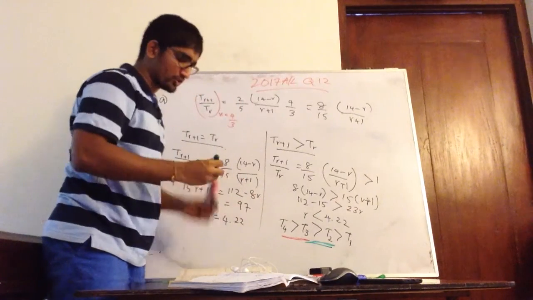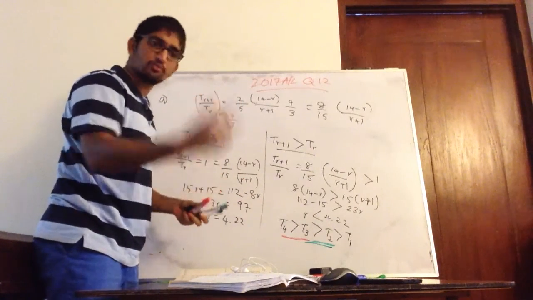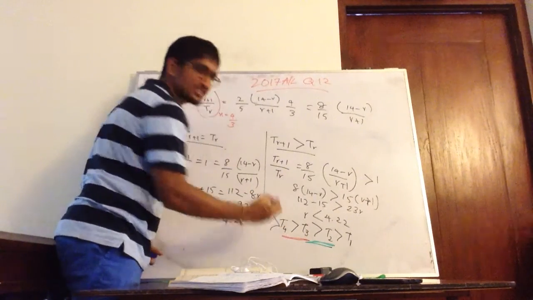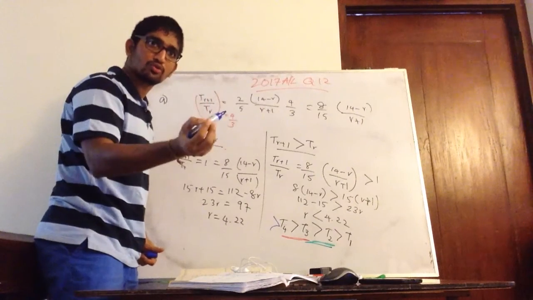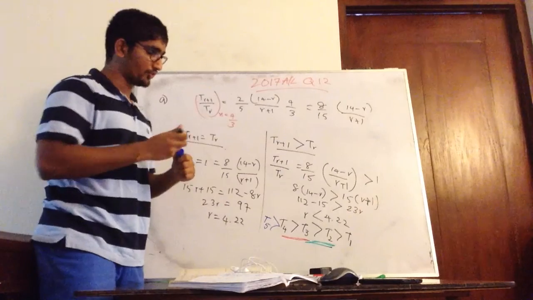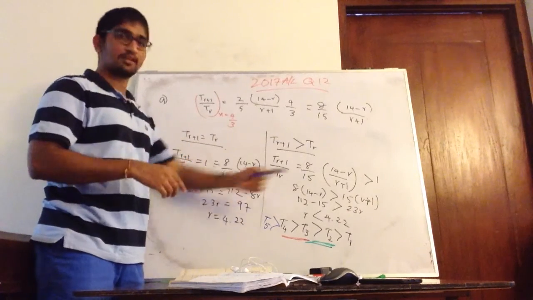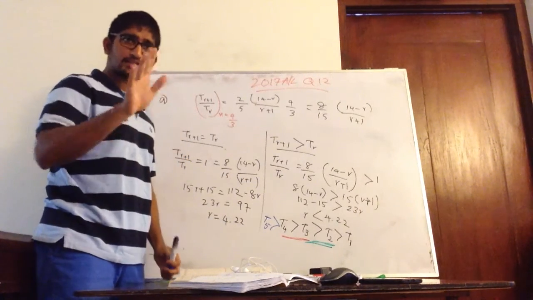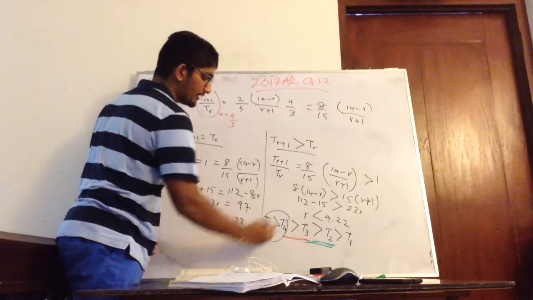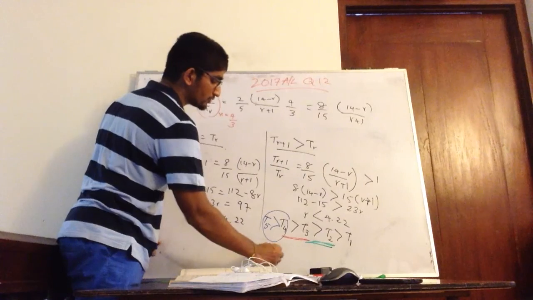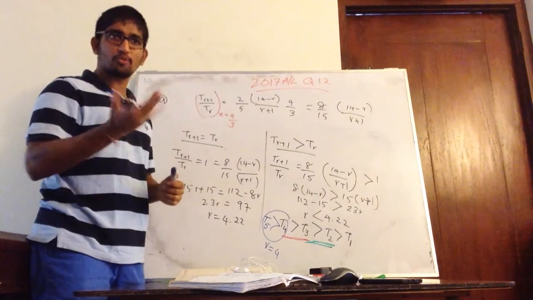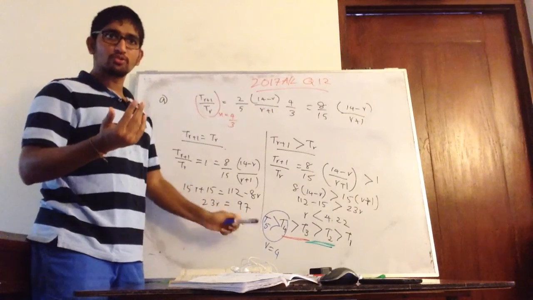Correct? So then you can obviously write one more, no? That means when R equals 4, you can say T5 is greater than T4, greater than T3, that's all. Is it clear? Now this part is when R equals 4, so that is less than 4.22. No problem at all. So you get this.